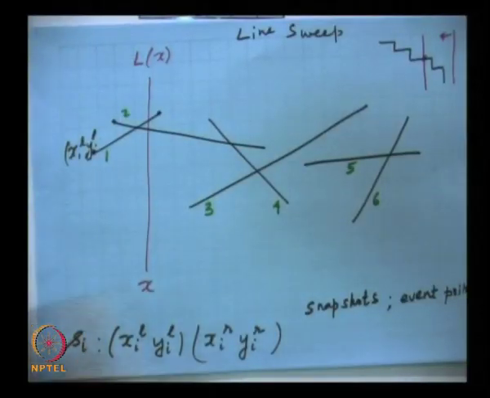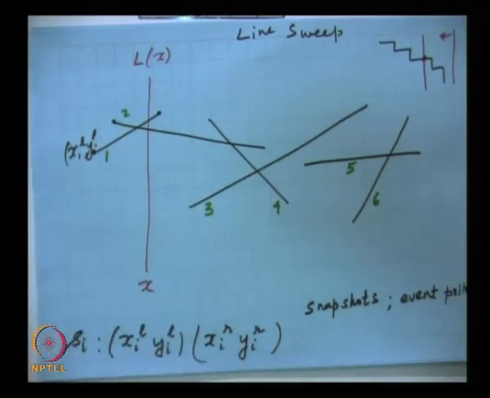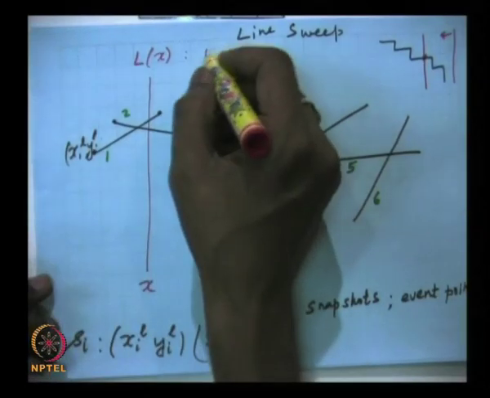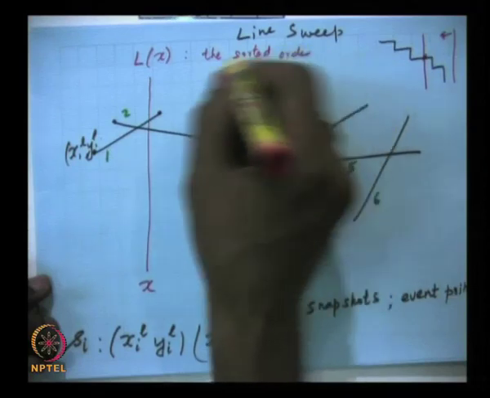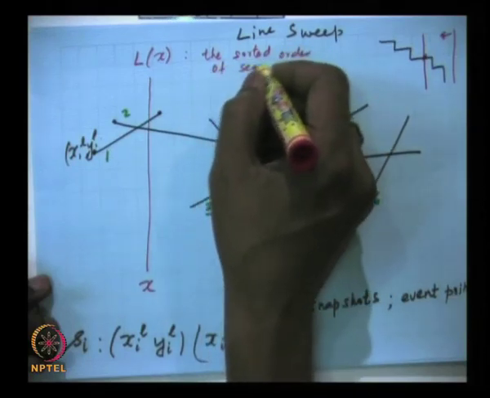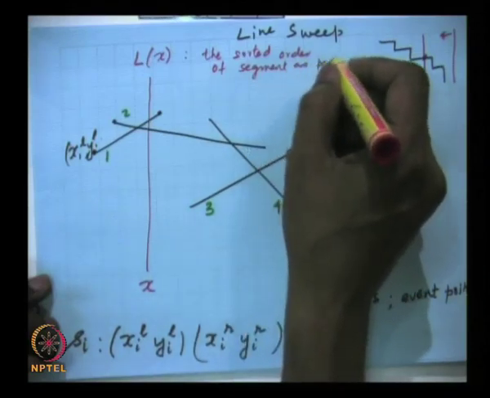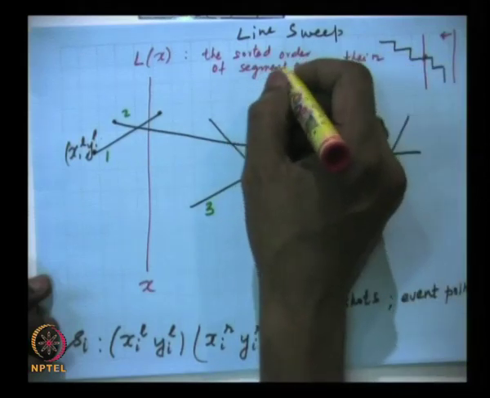So, L of x is the intersection of the sweeping line with the line segments at coordinate x. In fact, I will use L of x to denote the sorted order of segments as per their intersections.